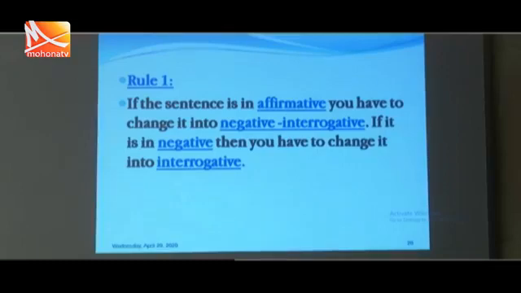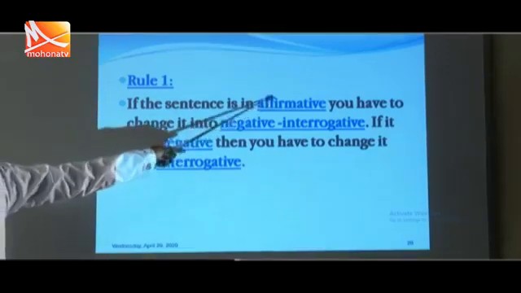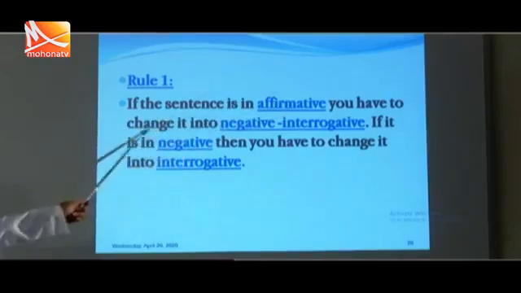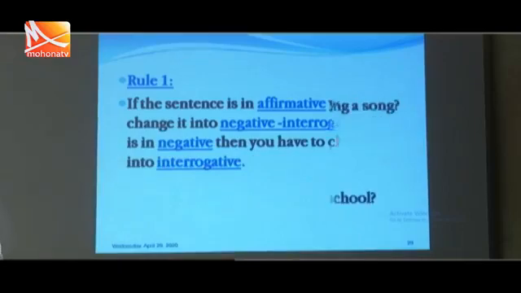But if it is negative, you just do the interrogative. So I am making it more clear to you, just see that. If the sentence is in affirmative, the underlined word affirmative, you have to change it into negative interrogative. Next, if it is in negative, you have to change it into interrogative only.